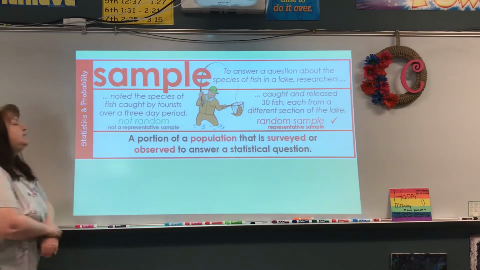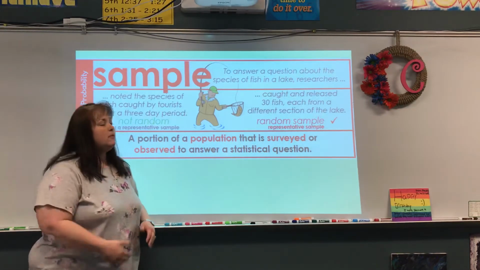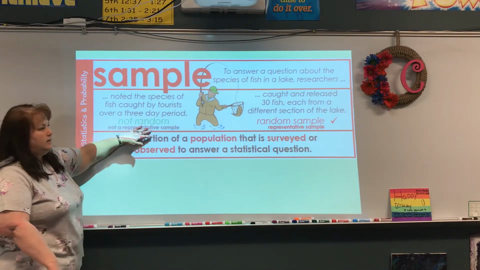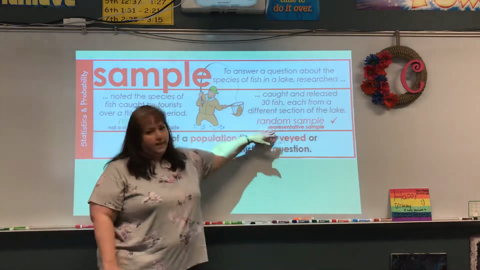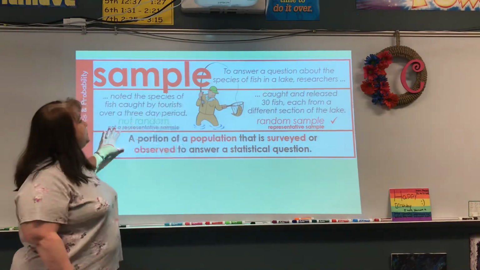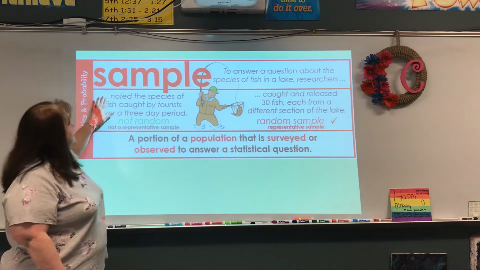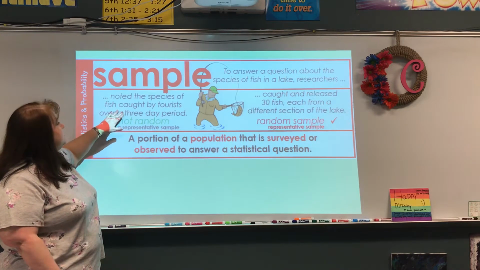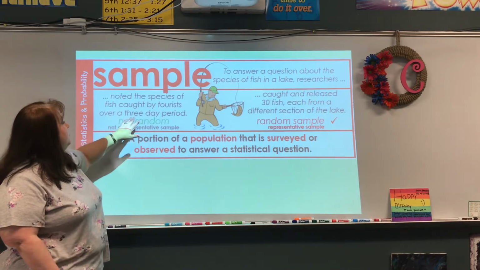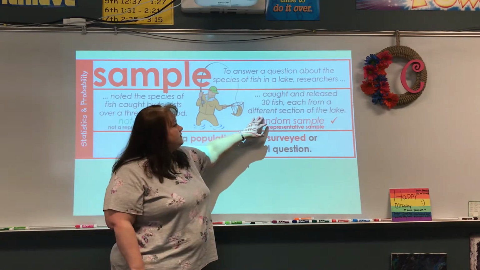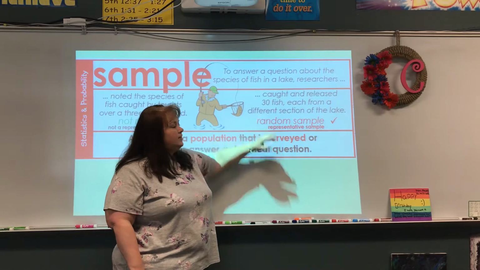So we have the sample from our population, and that sample can either be not random or random. In our example here, it's talking about fishing, and it says, noted the species of fish caught by tourists over a 3-day period, or caught and released 30 fish from a different section of the lake.